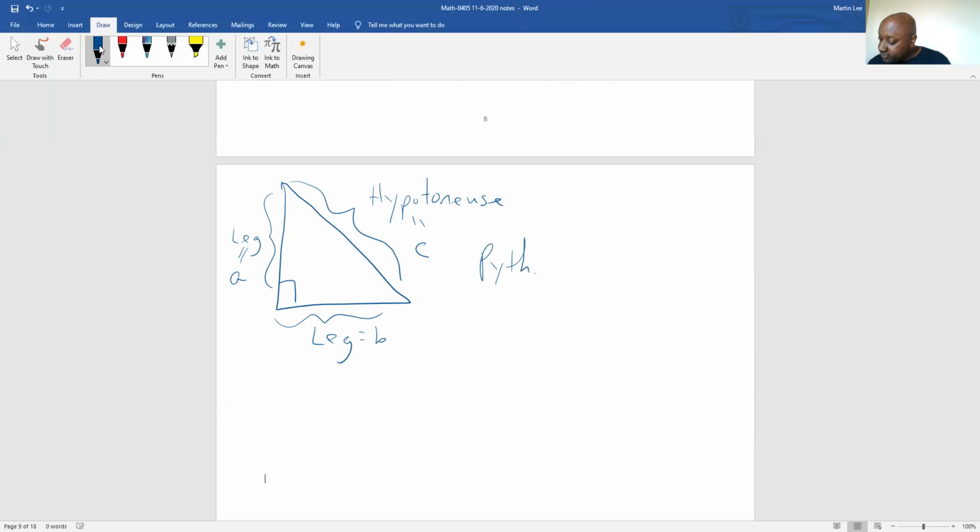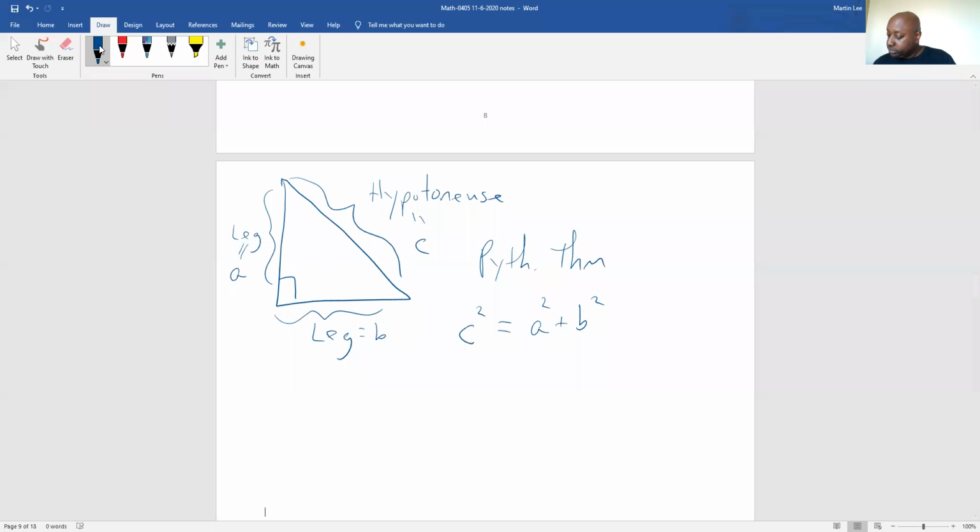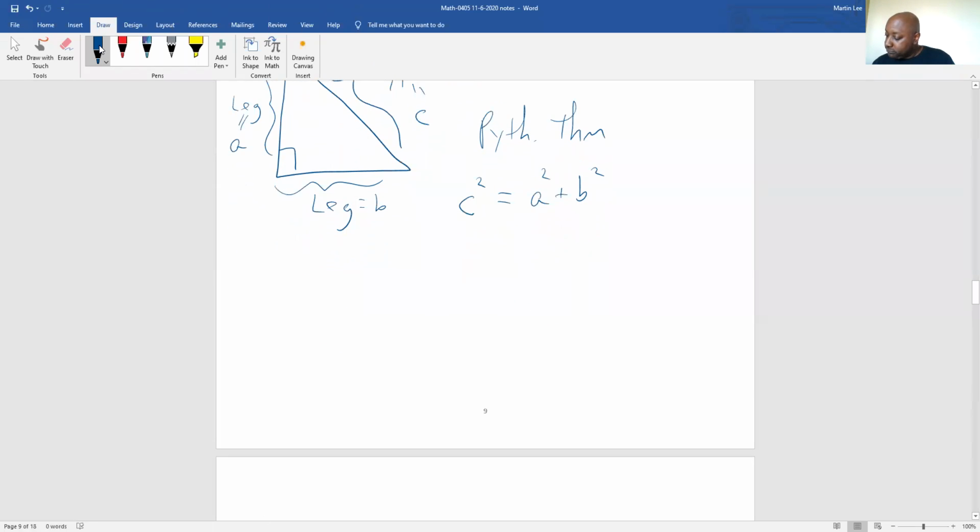So Pythagorean theorem tells us that when I square the longest side, that's going to equal the square of the legs added together. So in this case, if I know that one leg is equal to 3 and the other leg is equal to 4, I need to find the hypotenuse.